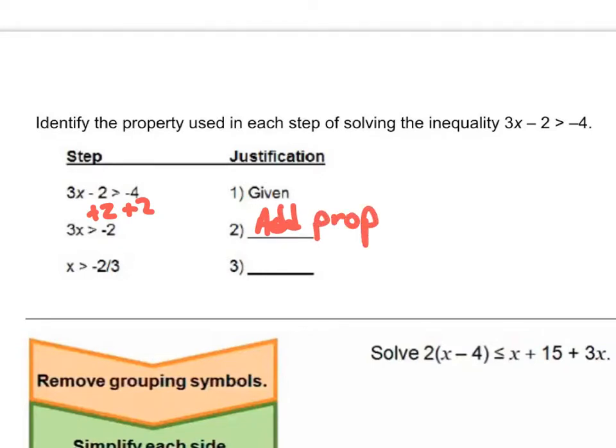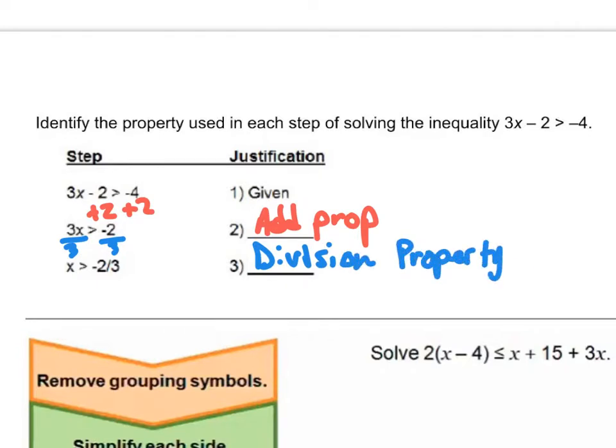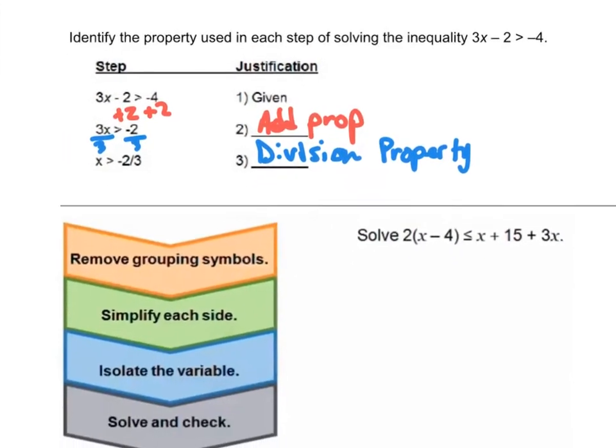Here, if I would move that over, I would divide by 3 on both sides. So to go from that step, I would call that the division property. Div prop, whatever. Nothing too crazy.